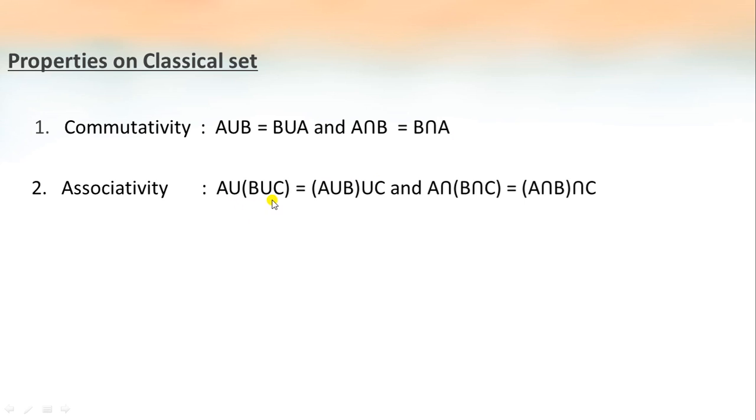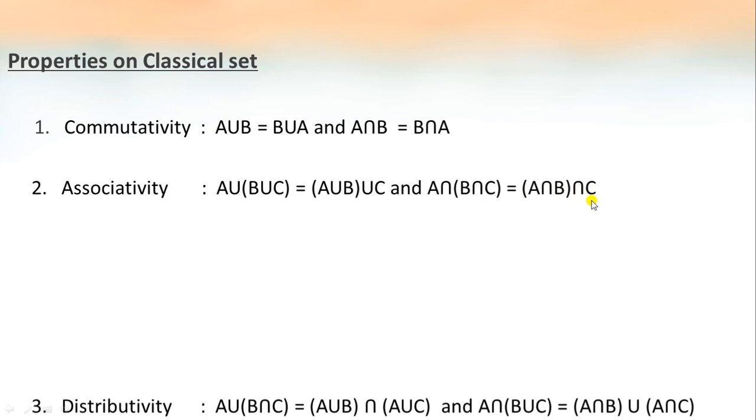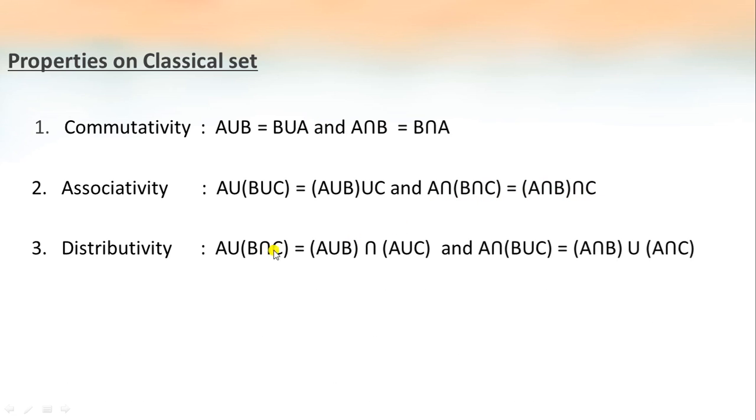Suppose we have three sets, associativity implies A union B union C is similar to A union B then union C. Also, for intersection, A intersection B intersection C equals A intersection B then intersection C. Third one is distributivity. Here we will use two operations, union and intersection. So let us see distributivity.